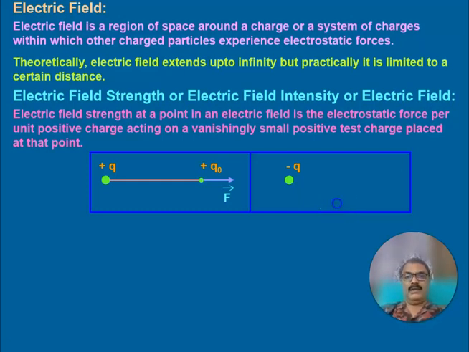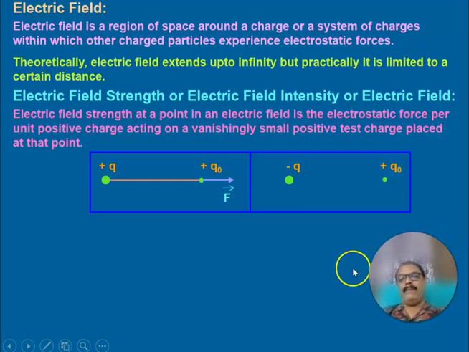Again I am taking a vanishingly small positive test charge, because we have to define the physical quantity by considering positive charge only. So the positive charge will be kept in the presence of a negative source charge.